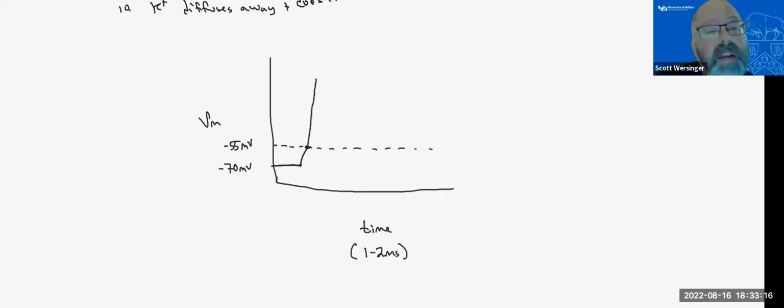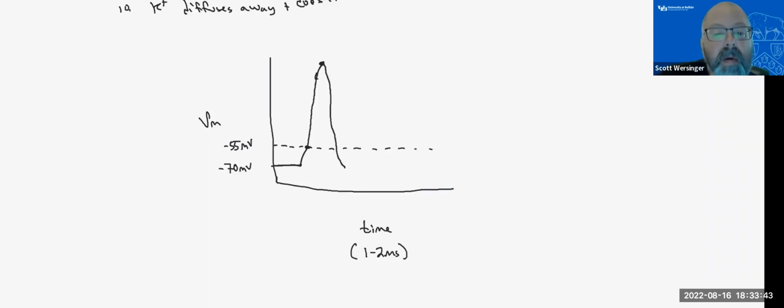Here, the voltage gated potassium channels open up. So potassium's flowing out, but we know sodium wins. Okay, so we keep getting our depolarization. Now my sodium channels close and become refractory. So that potassium can continue to flow out unopposed. And I get my repolarization.